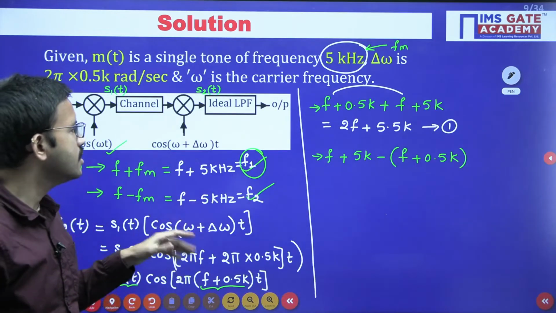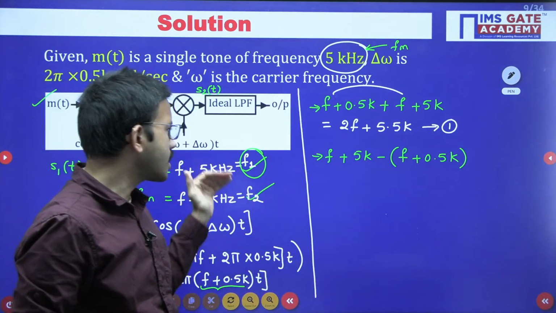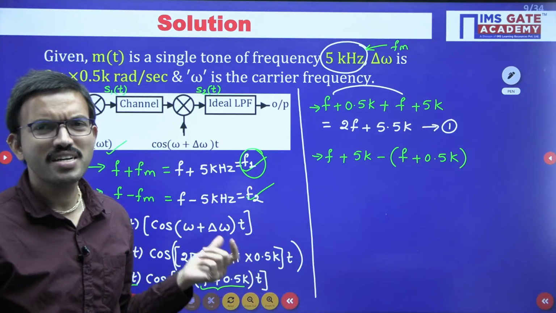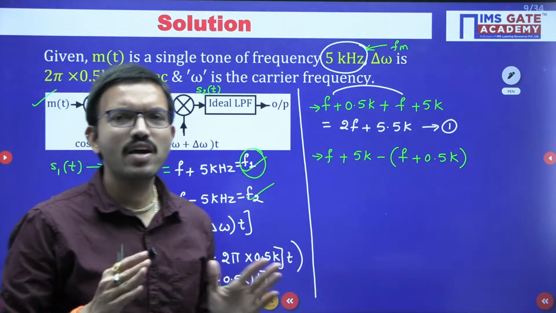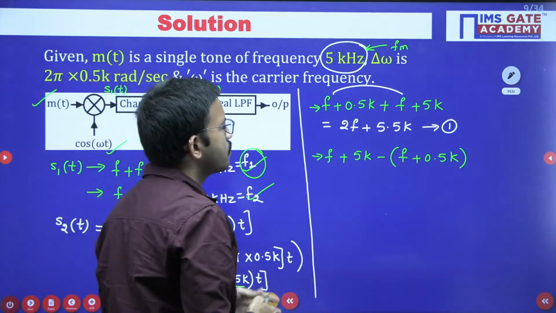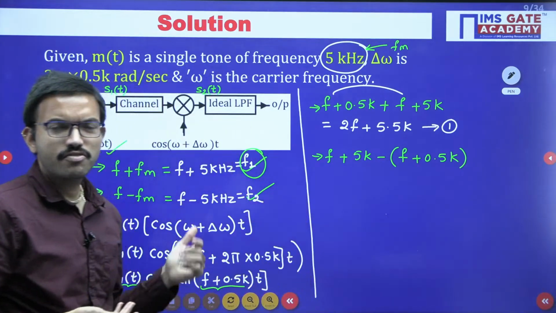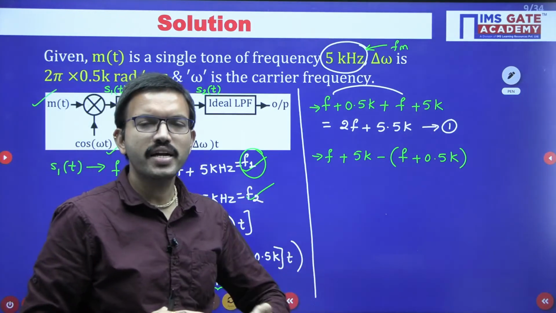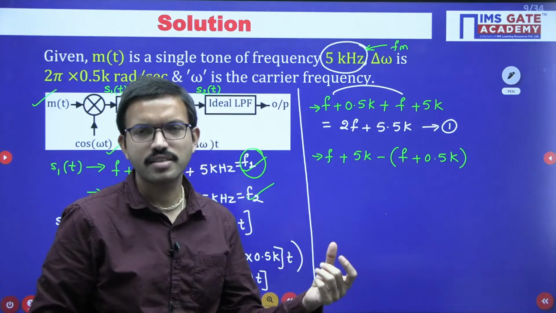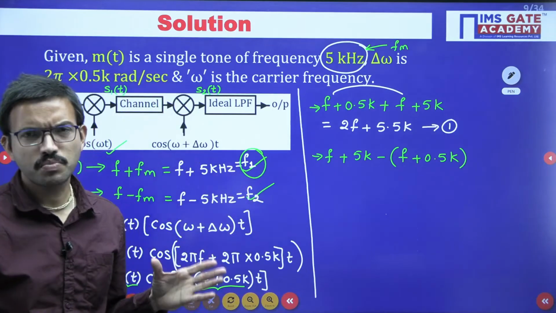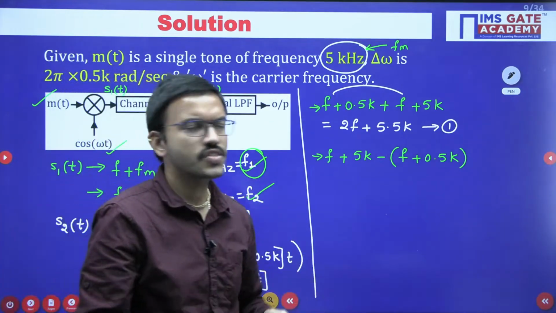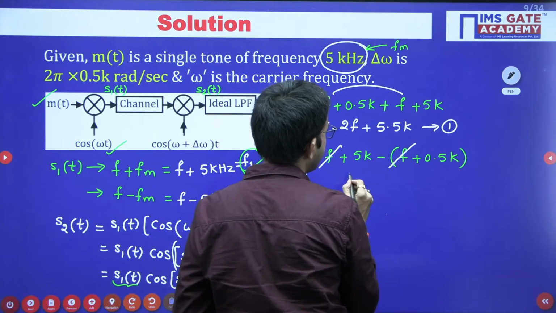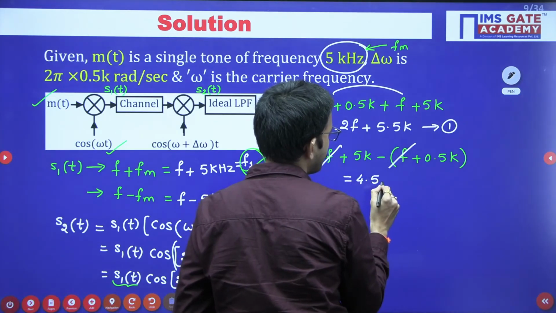That's why I told earlier, whenever you are subtracting two frequencies, observe which one is smaller. You always subtract smaller from larger, because practically we never have negative frequency. If you don't know initially which one is larger, you can just perform the subtraction, and if you get negative, just take the modulus. So here plus f and minus f get cancelled. 5 minus 0.5 is nothing but 4.5 kilohertz.